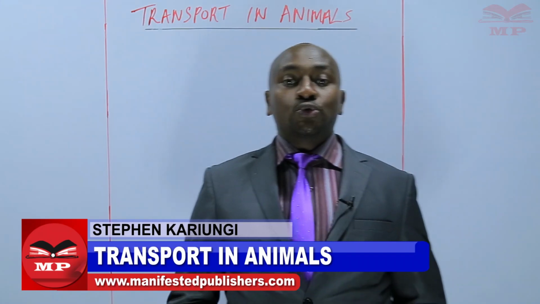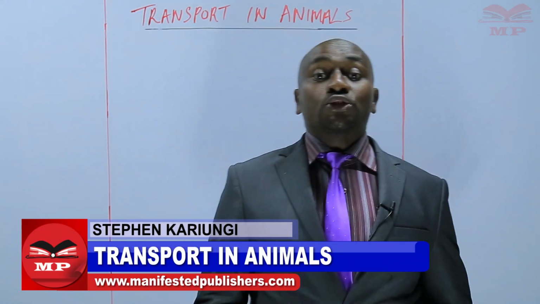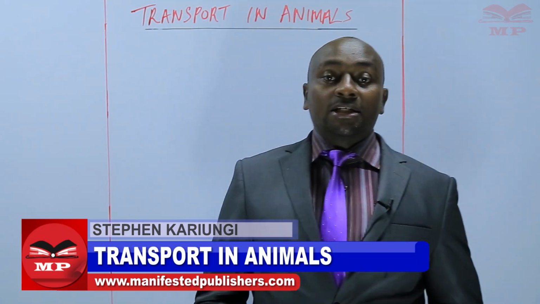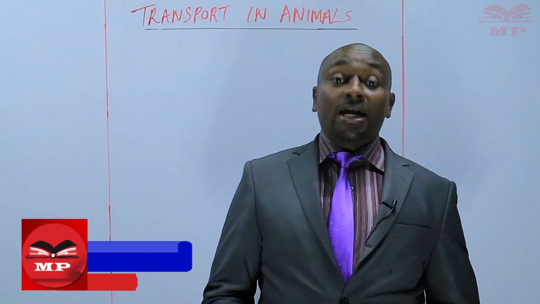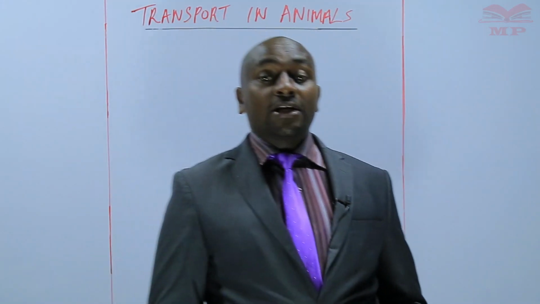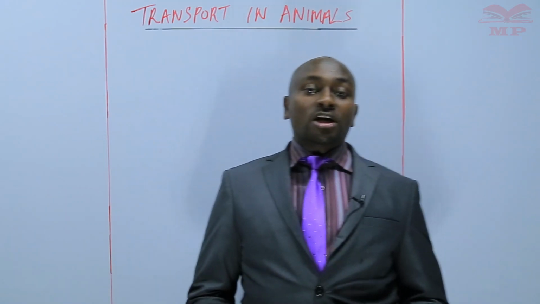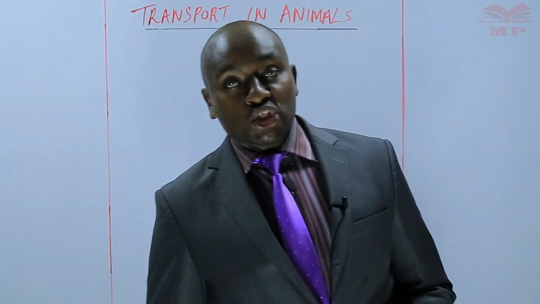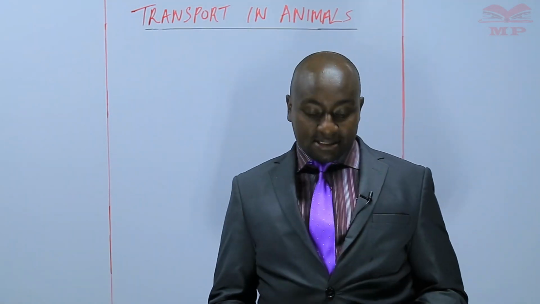I welcome you to today's biology topic of discussion, and we are discussing transport in animals. Specifically, the area of our discussion is the structure and function of blood capillaries.